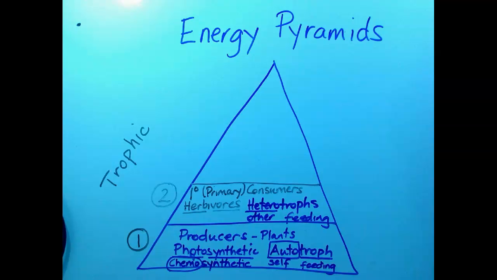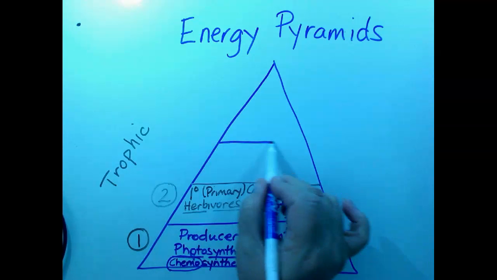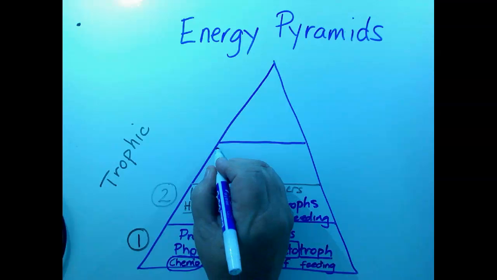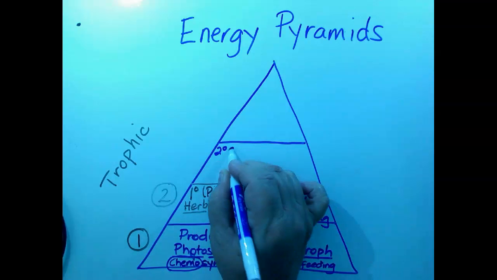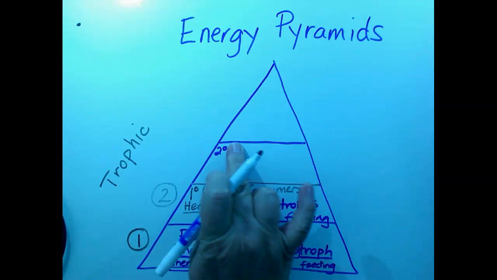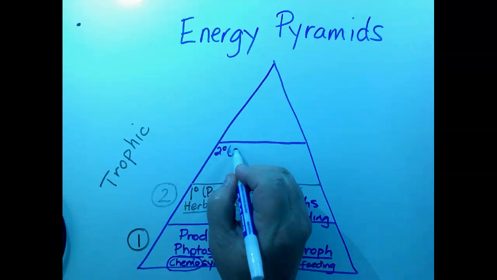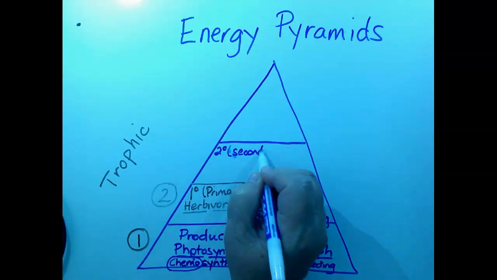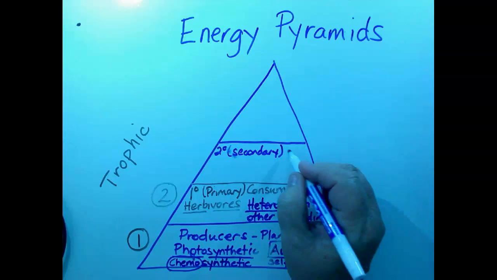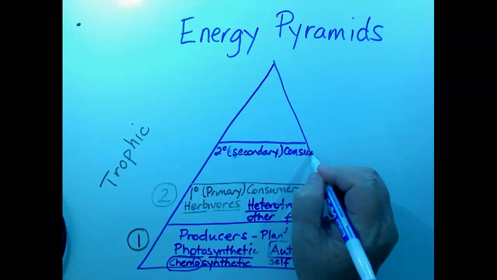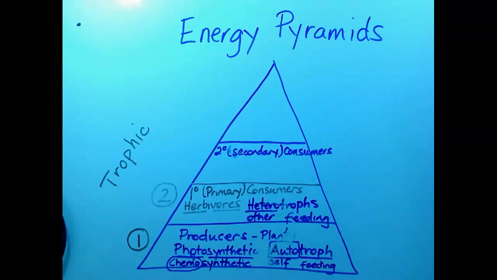The next trophic level is secondary consumers, and I'll just put what the 2 with the degree means, secondary. And I'm just going to go outside the line here, secondary consumers.